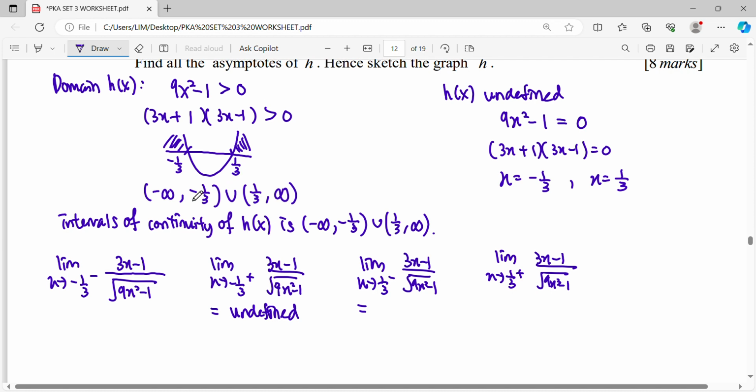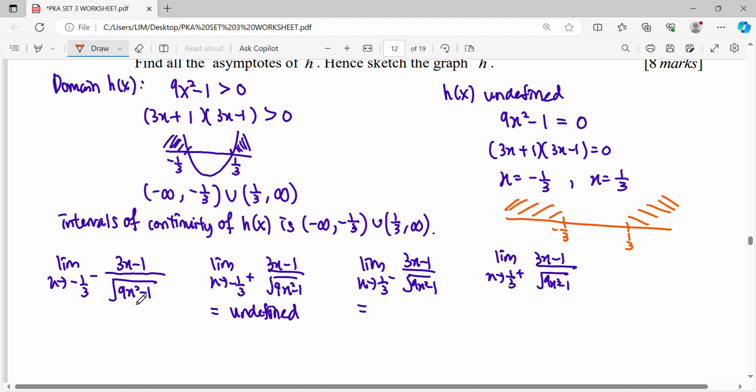Where's your domain of the graph? Your domain of the graph only happen negative 1/3, 1/3, this side and this side. So when you're doing limit x approaches negative 1/3 from the left hand side, got function or not? Yes.